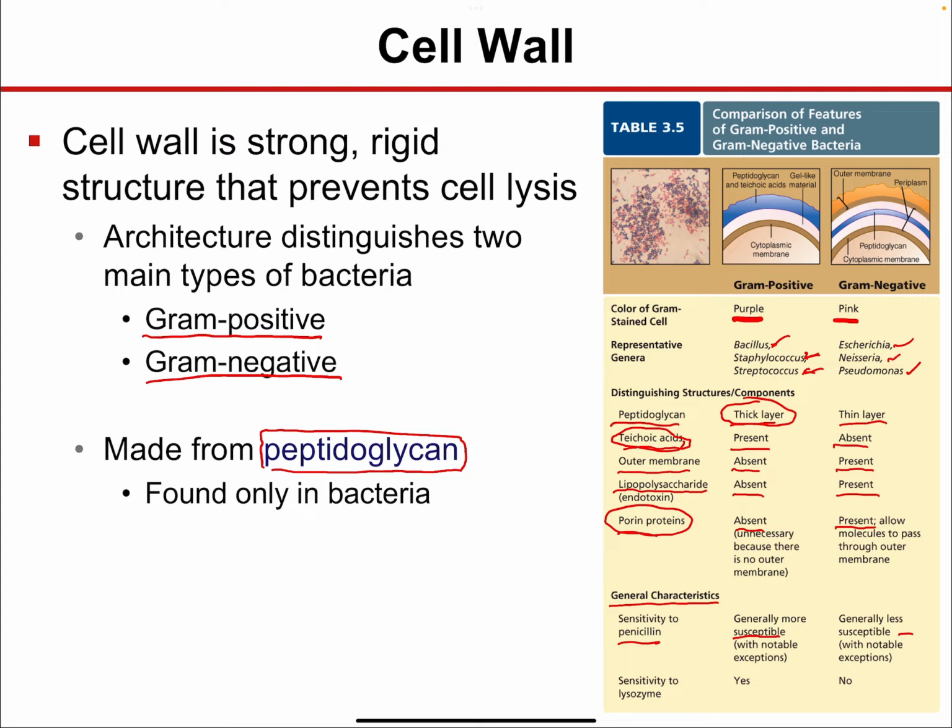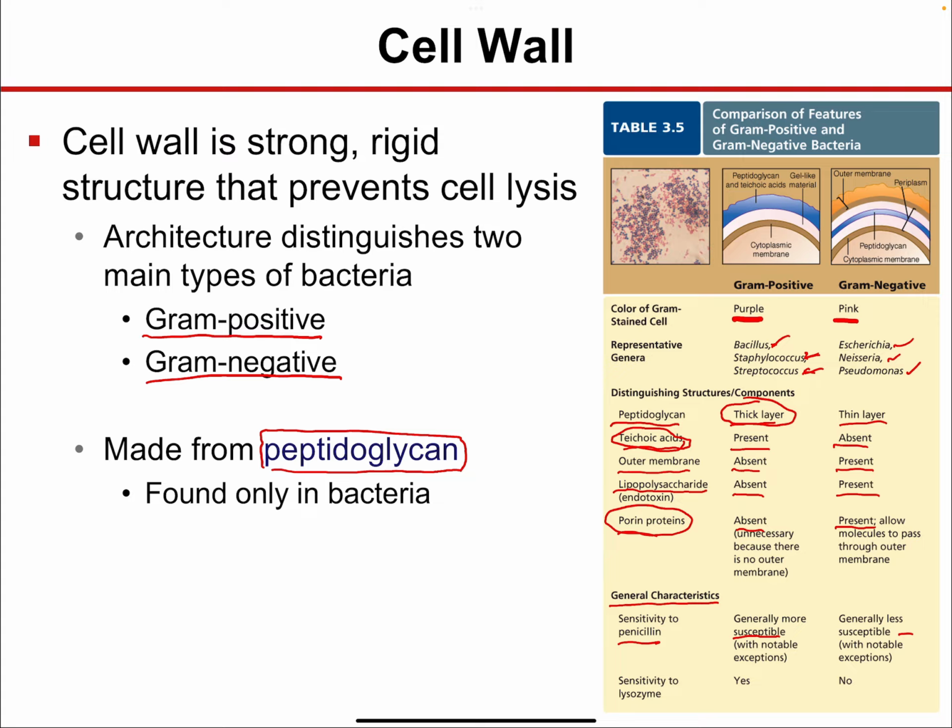The gram-negative, however, have a small amount of peptidoglycan, but on the other hand, they have an outer membrane. So this causes gram-negative bacteria to not be too reliant on the peptidoglycan. Therefore, they are not going to be as sensitive to penicillin.